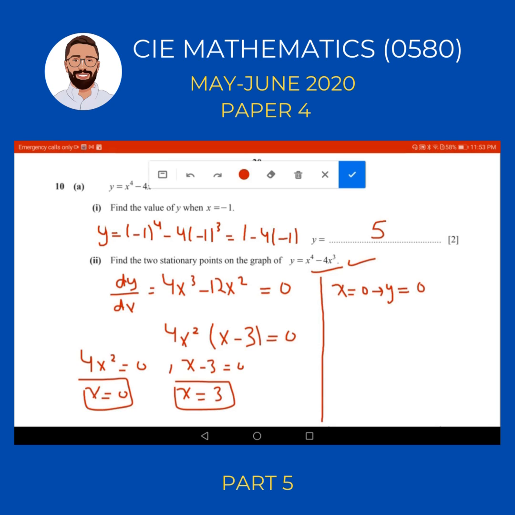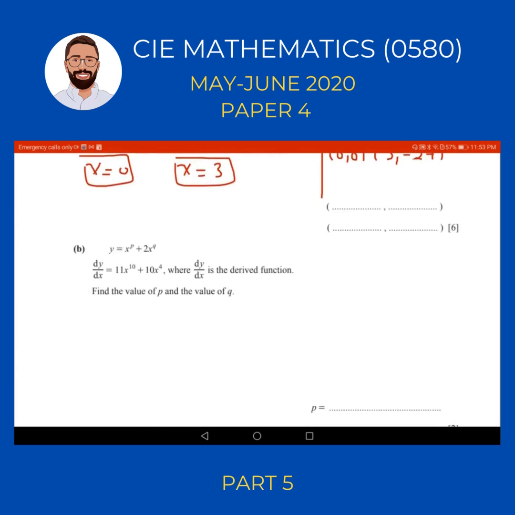Now for the second stationary point, y is equal to 3 to the power of 4 minus 4 times 3 cubed, which is negative 27. So the two stationary points are 0, 0 and 3, negative 27. So that's the final answer.